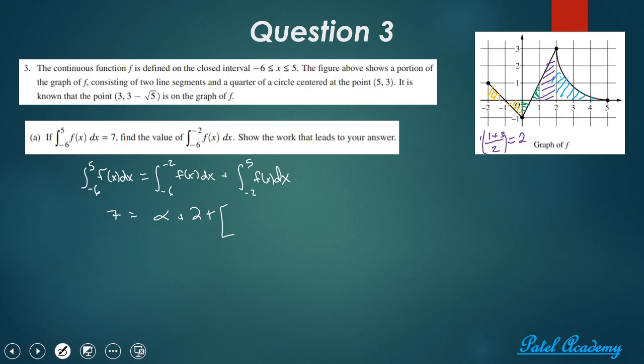And so the area of the square is just 9 minus the area of the quarter circle, which has a radius of 3, and so I get 9 minus 9 pi over 4. And so solving for alpha, I get 9 pi over 4 minus 4. And so that should be the final answer.